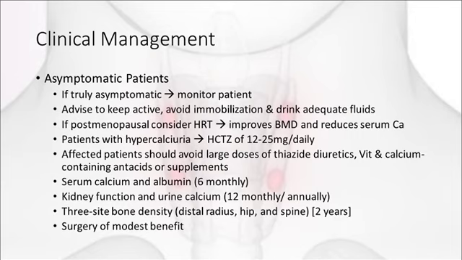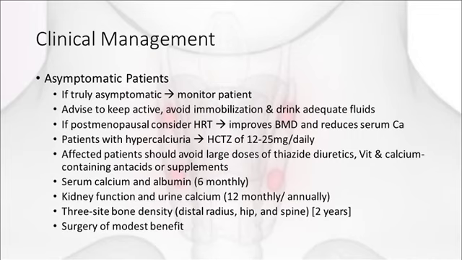We need to advise them to keep active, avoid immobilization, and drink adequate amounts of fluids. Remember that fluids are the first thing that we generally use to treat hypercalcemia. So to try and prevent them from getting hypercalcemia, we want them to drink adequate amounts of fluids.